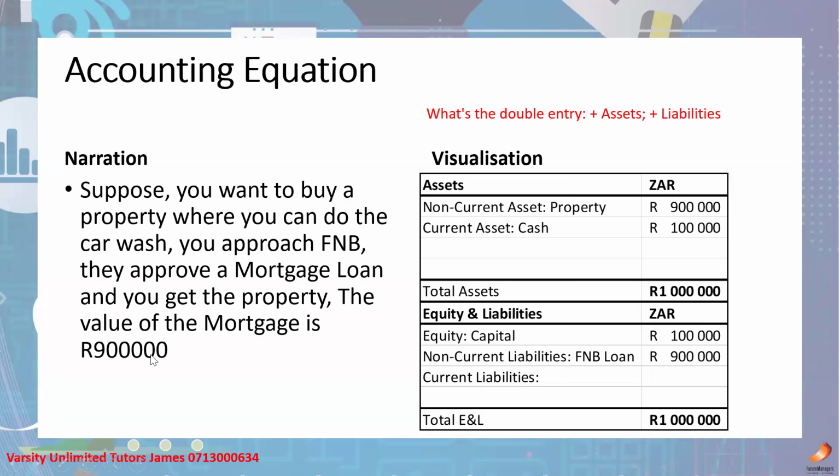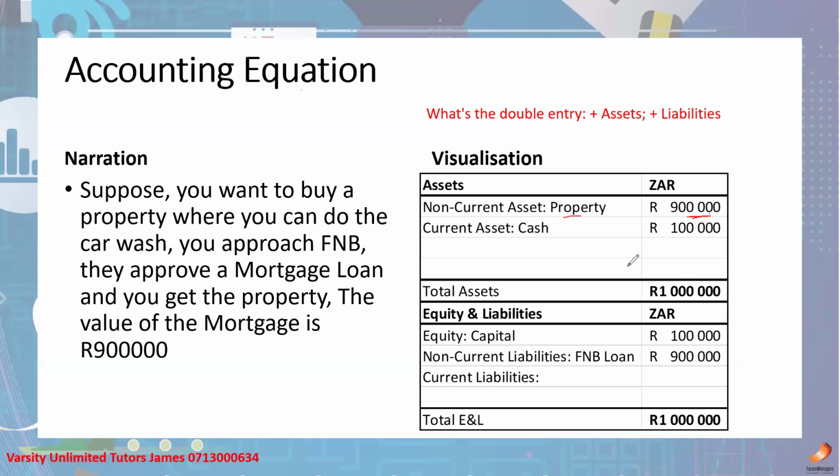Number two. Remember the car wash business that we wanted to start. You want a property where you can do the car washes, where your customers can come. You don't have the money, so you go to FNB. FNB approves a mortgage loan for you. They tell you we can give you 900,000 for you to get your property. They give you 900,000, you get your property. So what changed? Do you notice? Now you have another asset. Initially, you only had one asset of what? Of 100,000. Now you've got another asset, which is property, with 900,000.